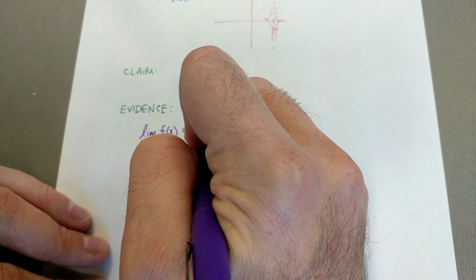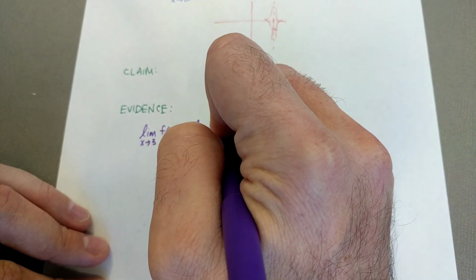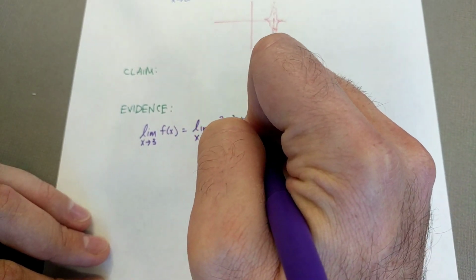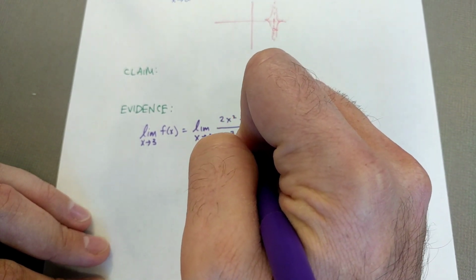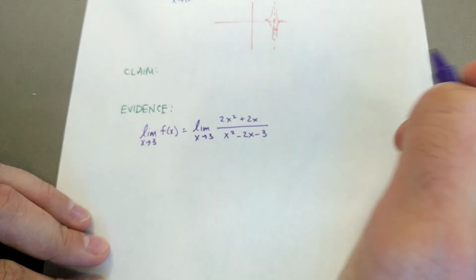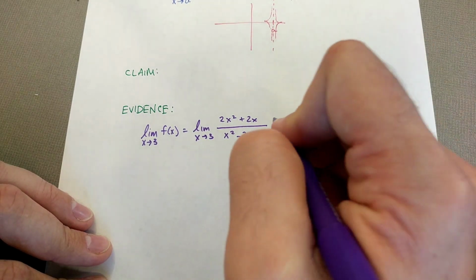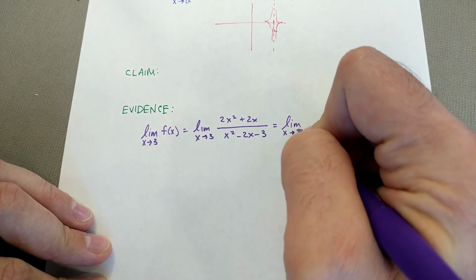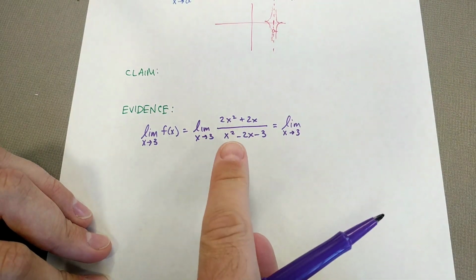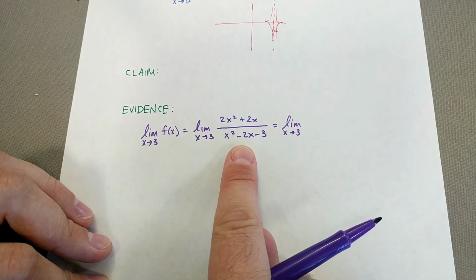I'm going to go limit as x approaches 3 of 2x squared plus 2x over x squared minus 2x minus 3. I think it might help to factor this. If it's factorable and there's something to reduce, then that's going to make it easier to think about. Sometimes you factor it, or sometimes it's not factorable, and it doesn't actually help at all.